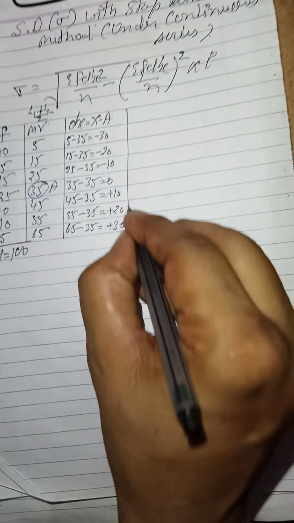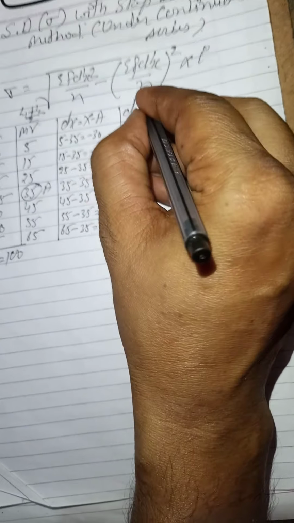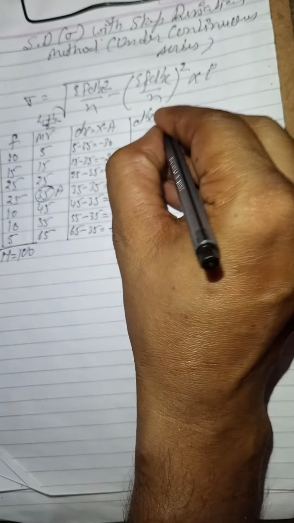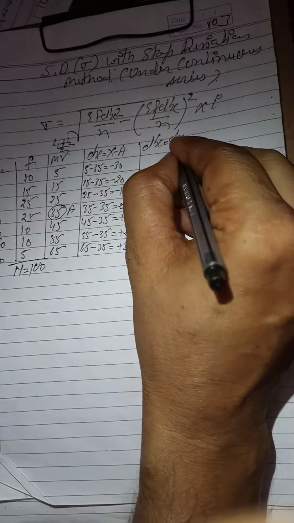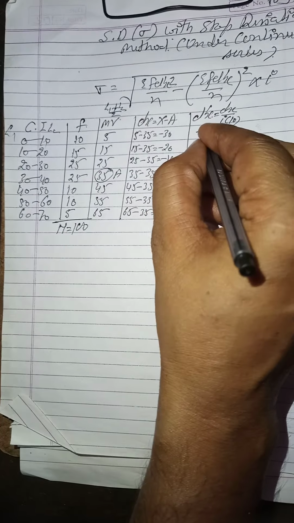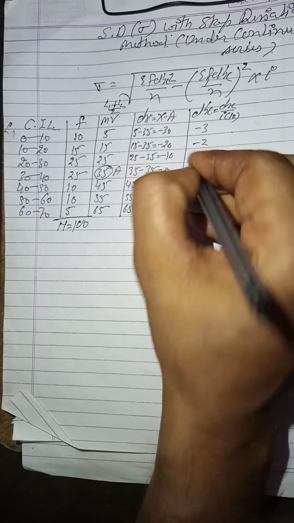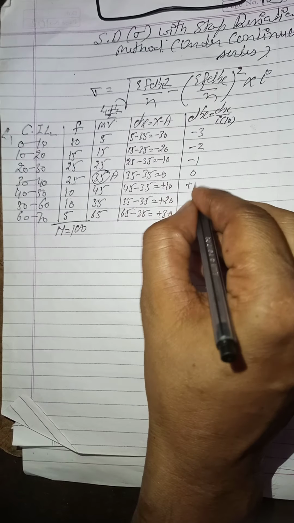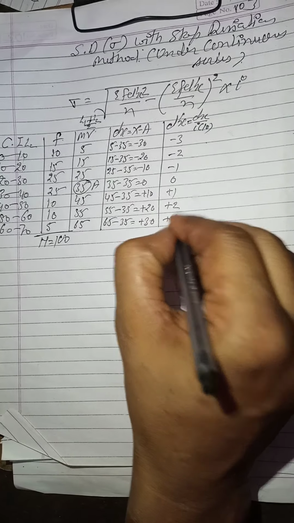After that, we will find out d dash x. The formula is dx divided by I, the interval, that's 10. So that's your minus 3, minus 2, minus 1, 0, plus 1, plus 2 and plus 3.